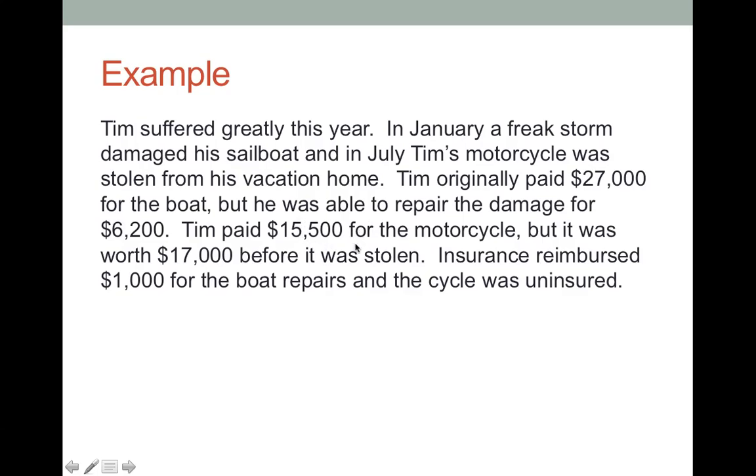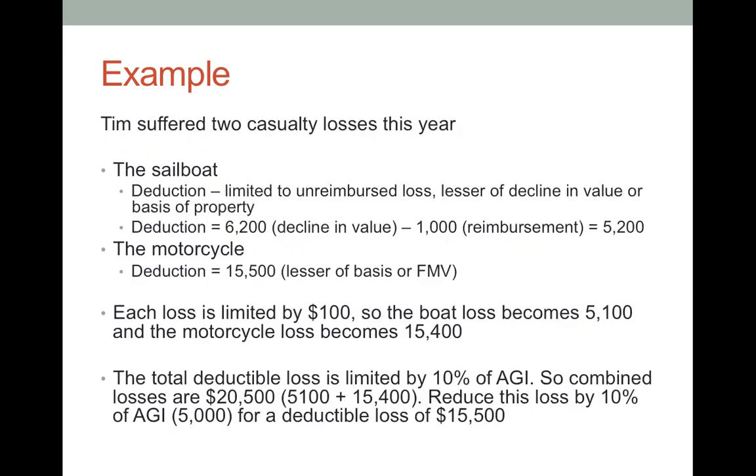So the amount we're dealing with for the boat is $6,200, and for the motorcycle it is $15,500. Now the boat was insured, and the insurance company covered $1,000 of the cost.